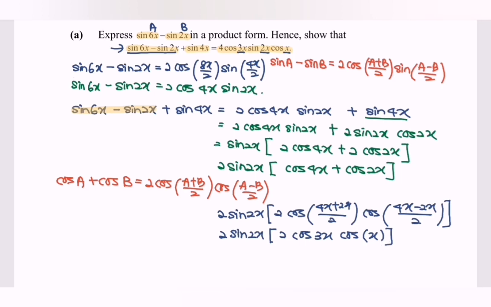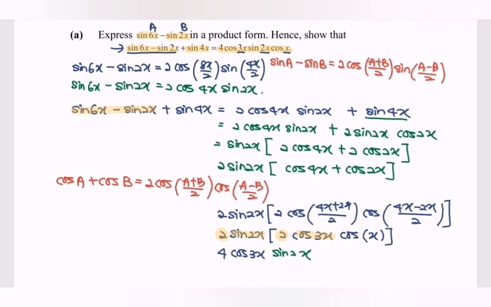So finally, kindly refer to the situation. We will have 4 cos 3x followed by sine 2x.